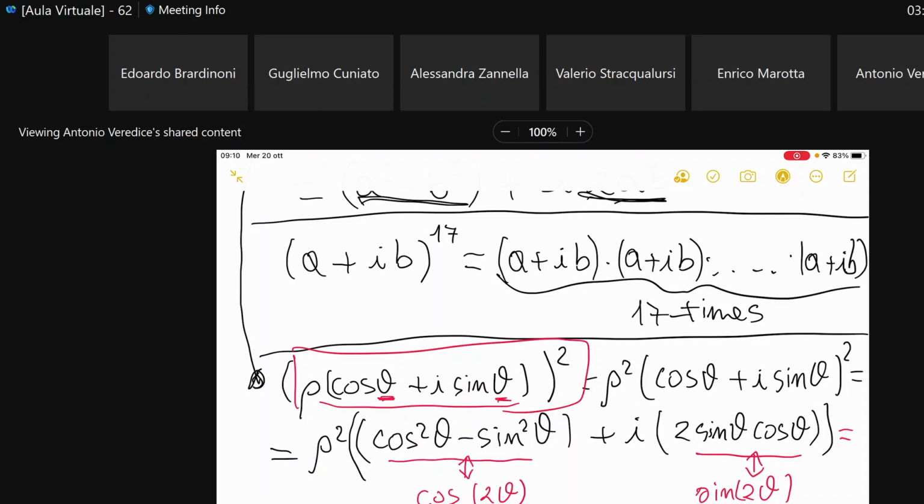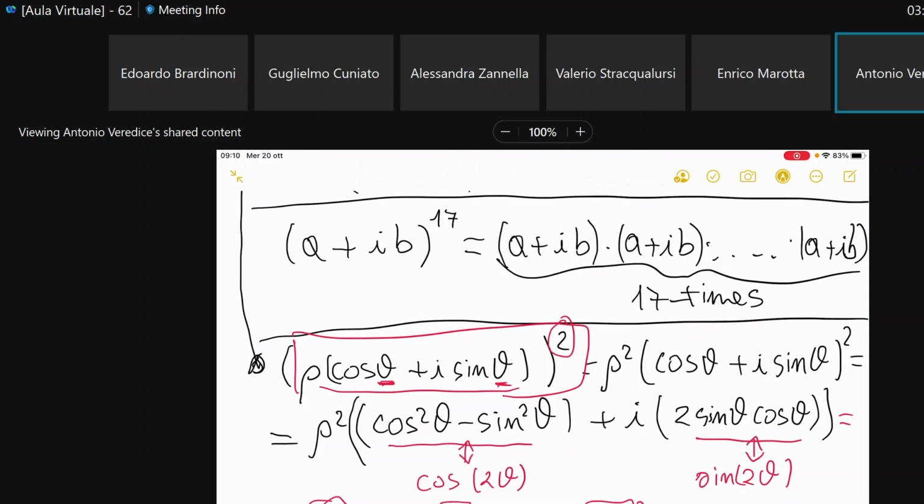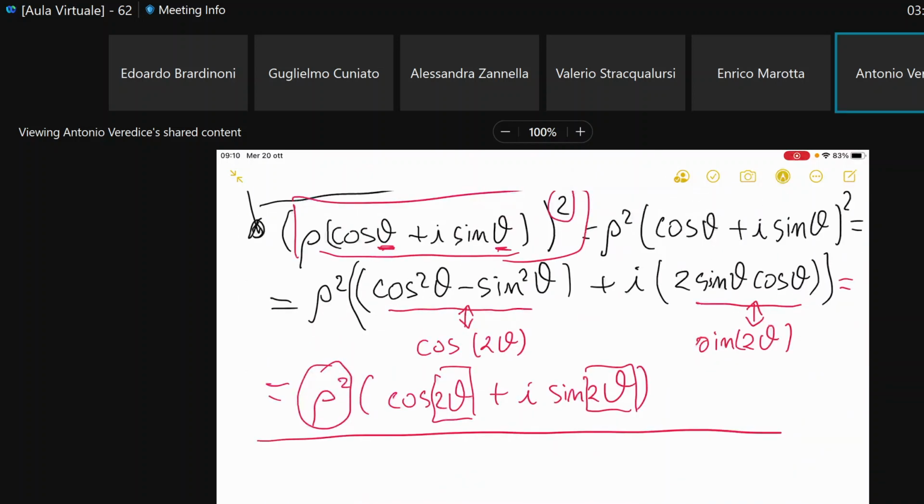So it means that squaring the number means doubling the argument, the angle. Okay, and it holds in general, and this is the De Moivre formula. So the next step is writing down the De Moivre formula in the general form.